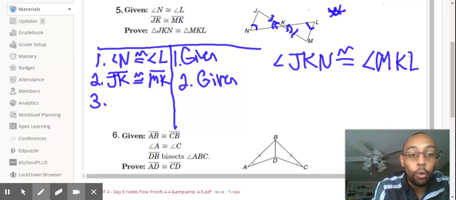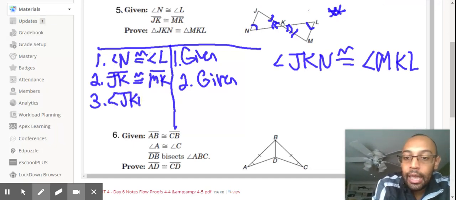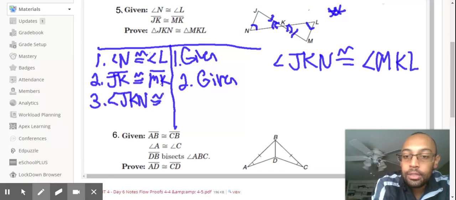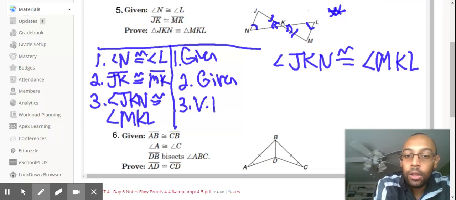So I have to note that when I'm creating this angle congruency statement of JKN is congruent to MKL. So that is the third statement that I'm going to make here, that angle JKN is congruent to angle MKL, and that is because of vertical angles.